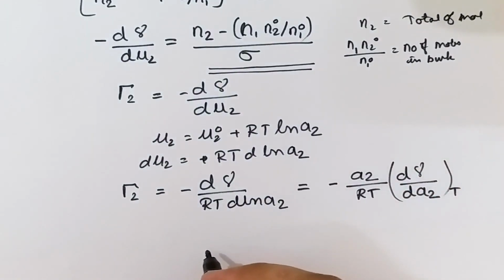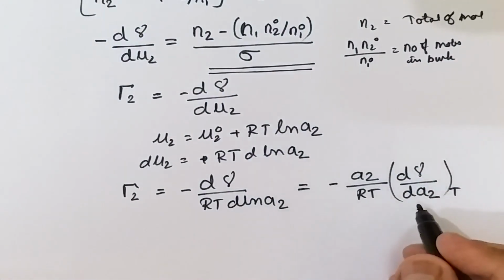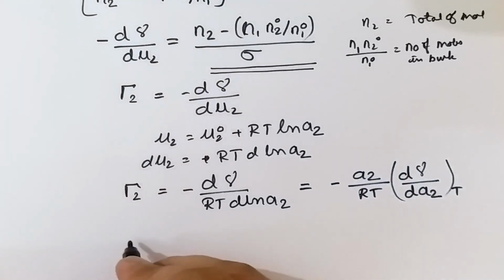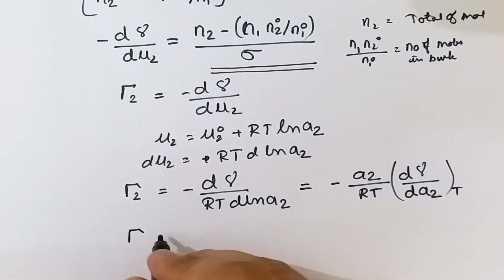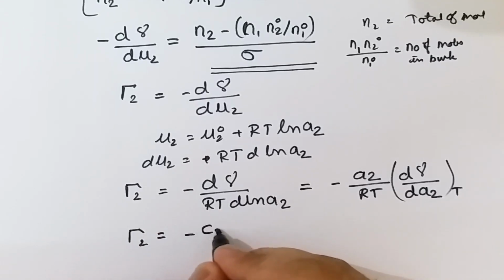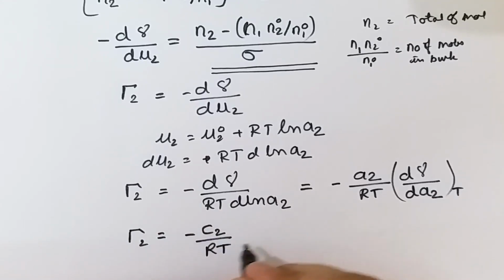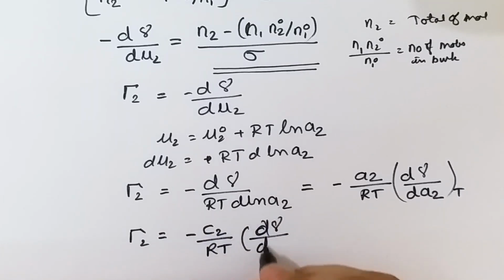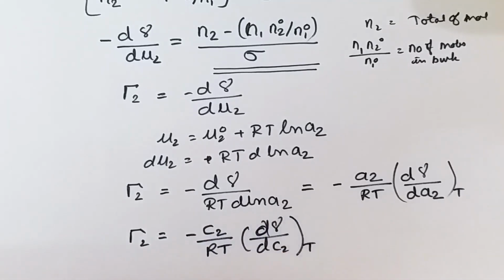Further, suppose we are considering a very dilute solution. Under dilute conditions the solution behaves ideally, so the activity can be replaced by the concentration term, and hence the surface excess gamma 2 will be minus C2 upon RT d gamma upon dC2 at constant temperature.